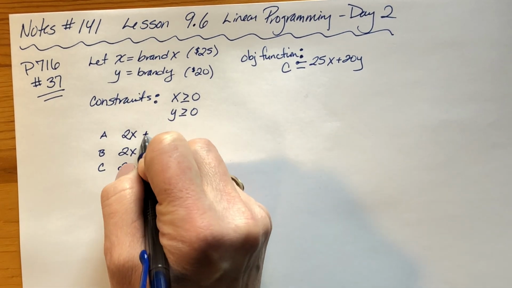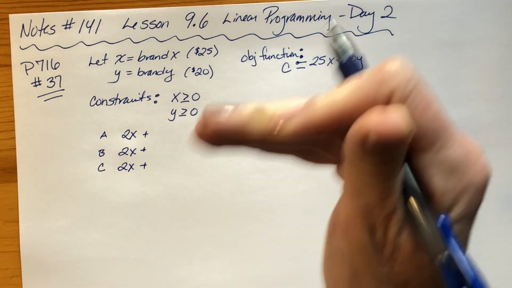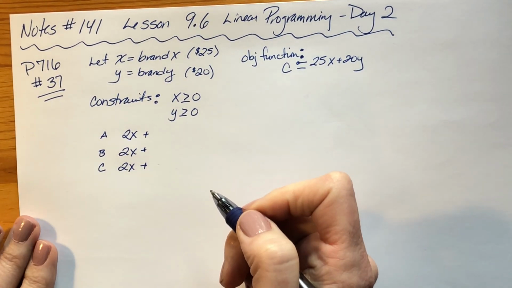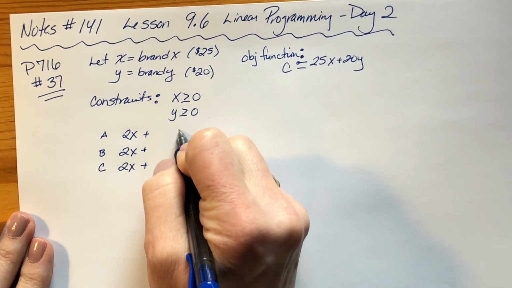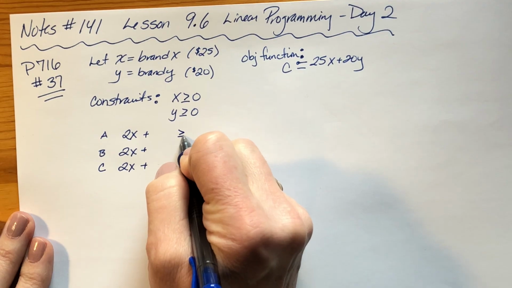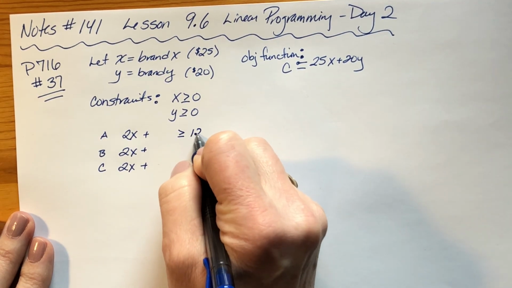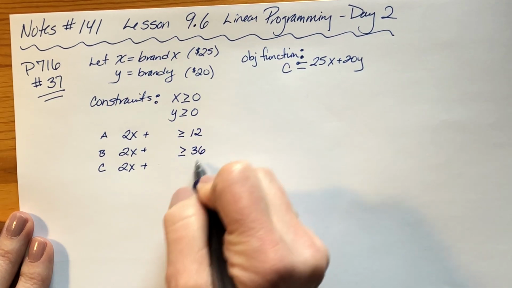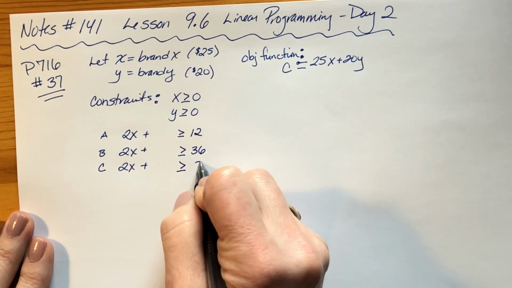Okay, we're going to add, because I'm thinking of each constraint for each element. We knew A had to be at least 12, B had to be at least 36, and C had to be at least 24.